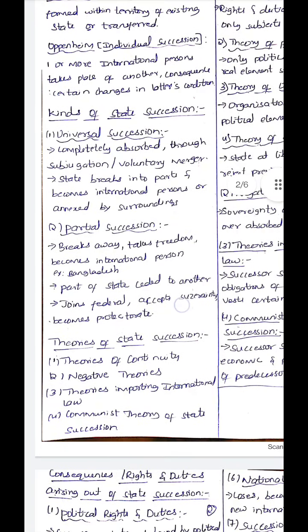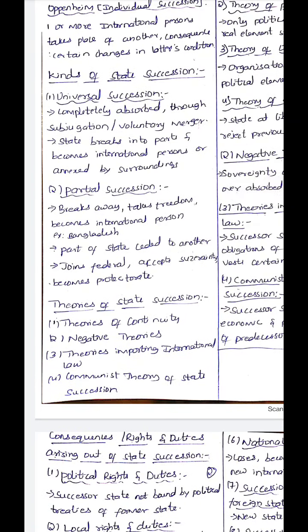Kinds of state succession. So we have two kinds of state succession. The first is universal succession. In universal succession, a state is completely absorbed through subjugation or a voluntary merger. So the state gets completely absorbed via conquering. If a state attacks it and conquers it totally, it is called subjugation.